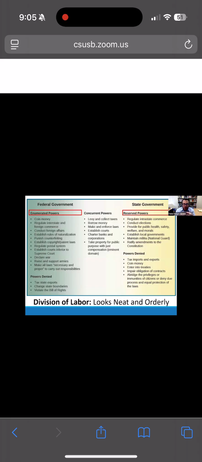The division of labor between the federal government and state governments seems very neat and orderly. If you look at the Constitution, there are enumerated powers, which are a handful of specifically stated powers that belong to the federal government, and everything else is reserved for the states, and that is why they're called reserved powers.